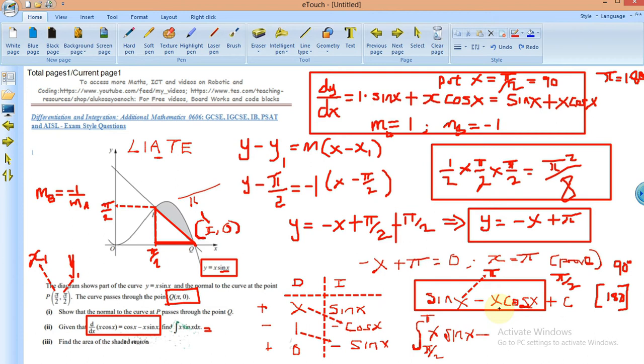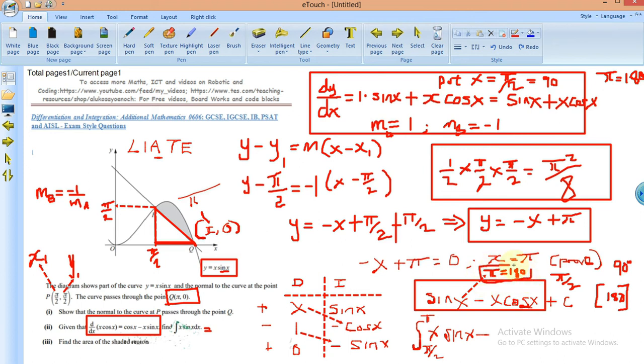So sine 180 minus 180 cos 180, close the bracket. That gives me 180. So when it is pi, the solution here will be 180, which is the same thing as pi. This is very interesting. When you substitute pi in that function, you get pi or 180 in degrees.